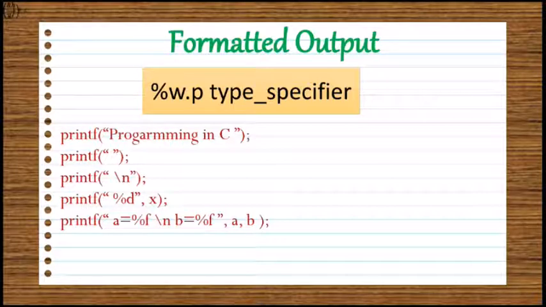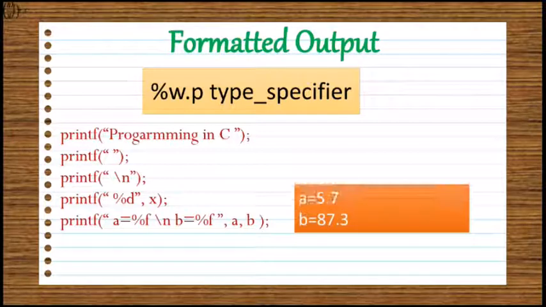So here first "a equal to" will be printed, then whatever the value of a will be replaced by %f, then \n, that means cursor will go to the next line, then "b equal to" will be printed, and then %f will be replaced by the value which is stored in b.